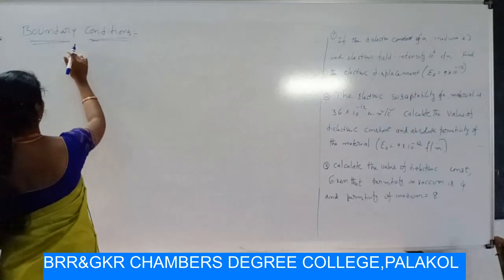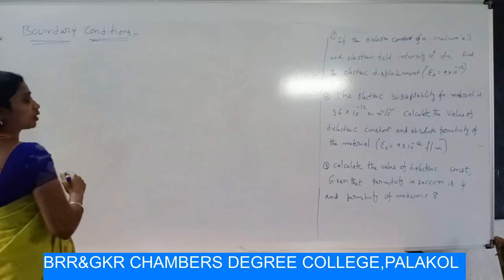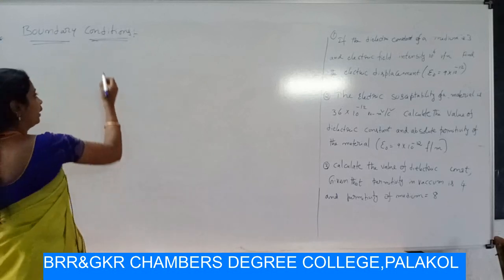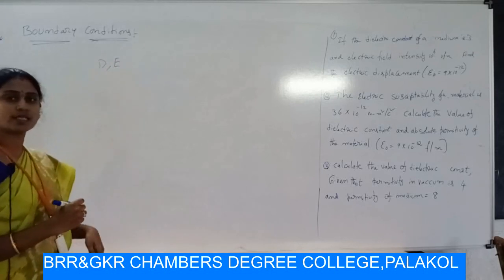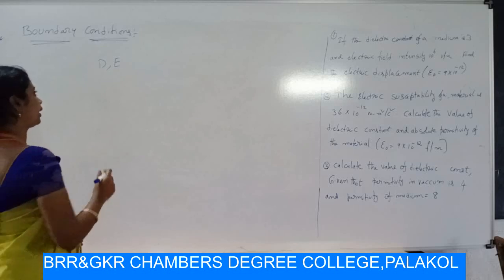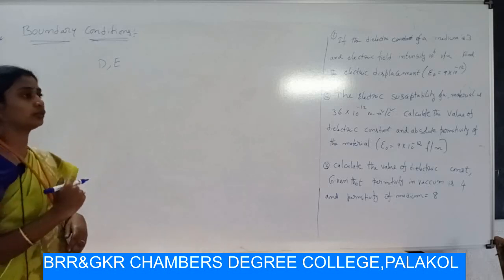Our topic is boundary conditions. Here the rules governing the behavior of D and E at the dielectric medium are said to be boundary conditions. Here boundary conditions are two.